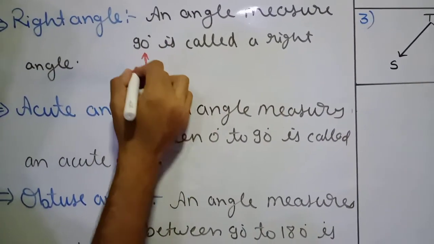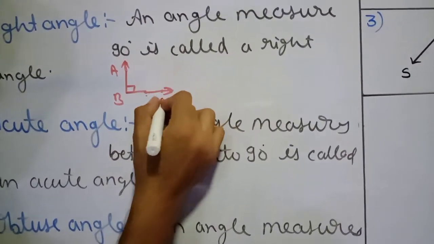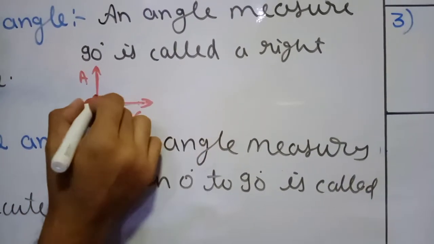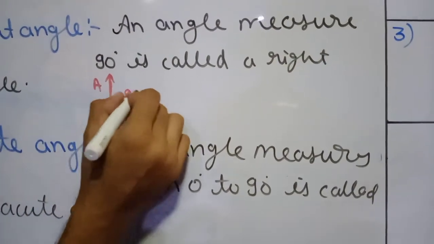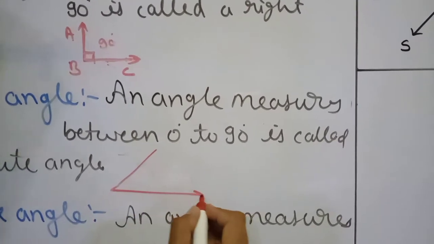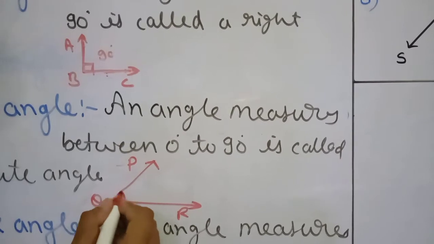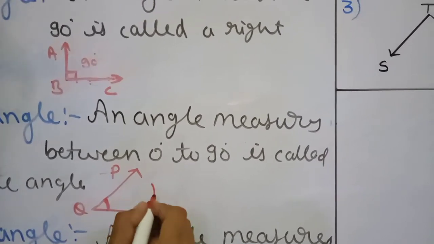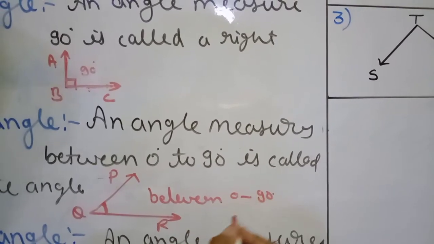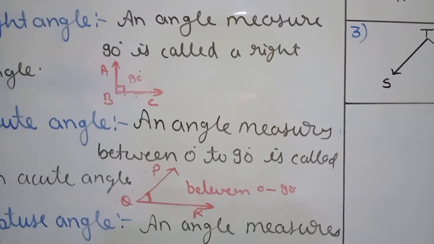Now whenever we are talking about a right angle, it could look like this: A, B, C. We have angle ABC. The measurement of this angle is exactly 90 degrees, so that is called a right angle. For an acute angle, that could be PQR. The measure of this angle is between 0 and 90.